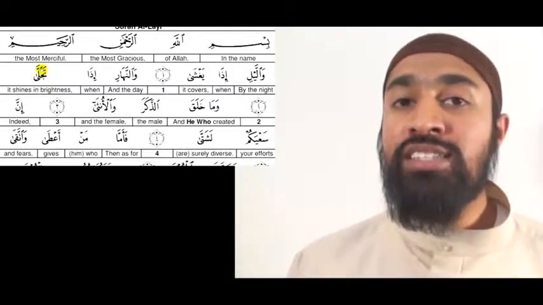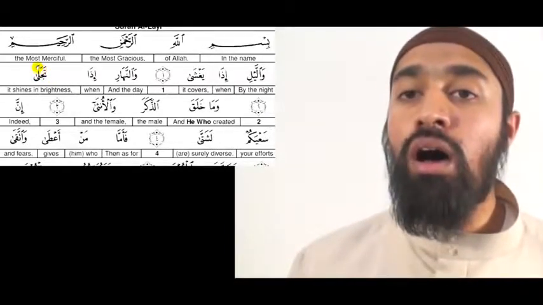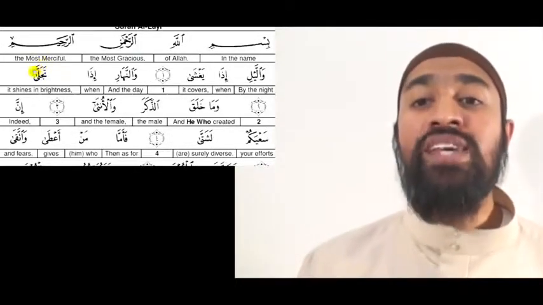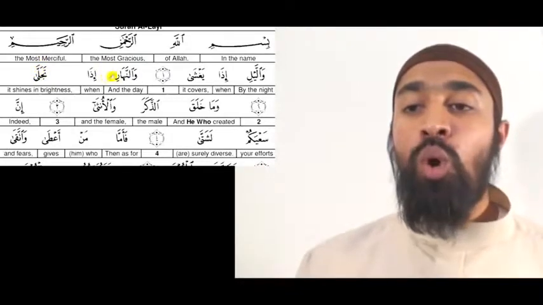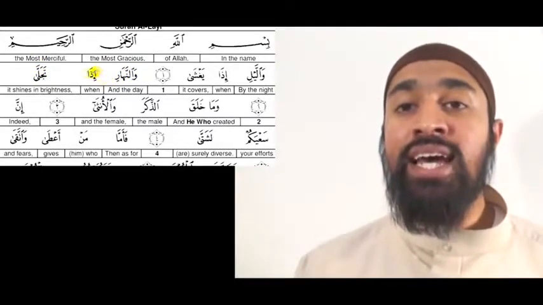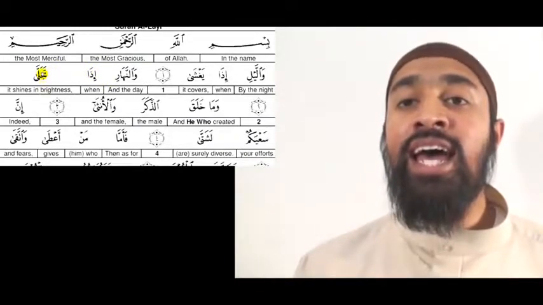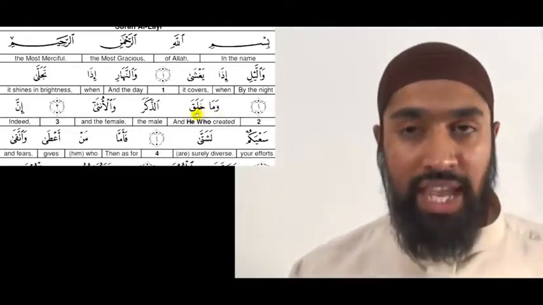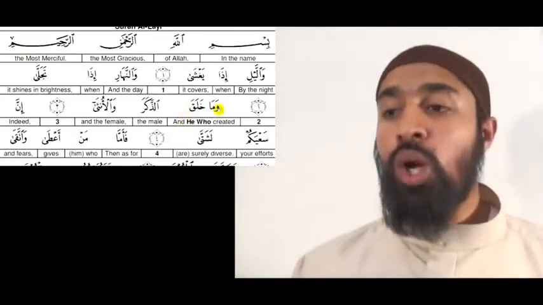Tajalla. Make sure you're not saying tajalla with a heavy sound. Open your mouth and make the A sound. Wan-nahari idha tajalla.